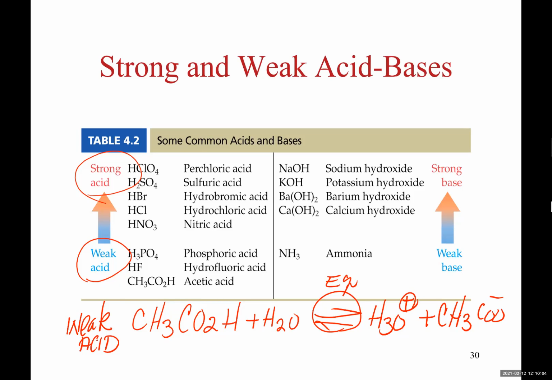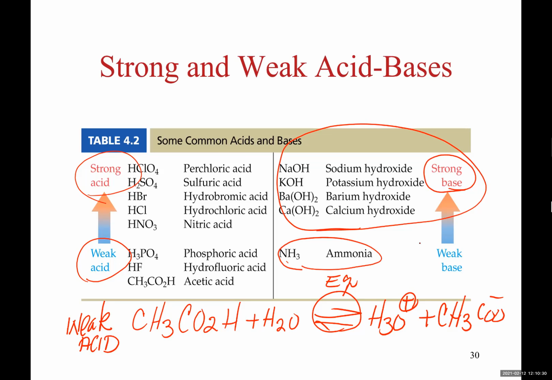We also said there are strong bases: sodium hydroxide, potassium hydroxide, barium hydroxide, calcium hydroxide. The top 4 compounds are strong bases. Sodium hydroxide, KOH, barium hydroxide, calcium hydroxide are strong bases. Bases could be weak as well. What are weak bases? They are bases which are partially dissociated in water.